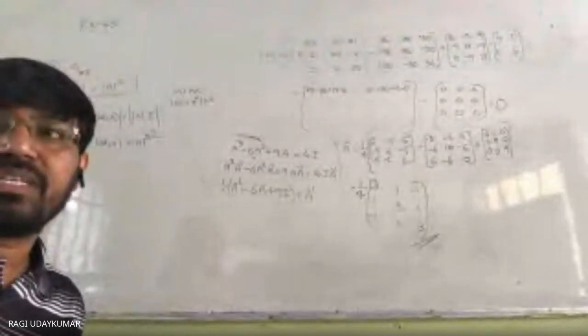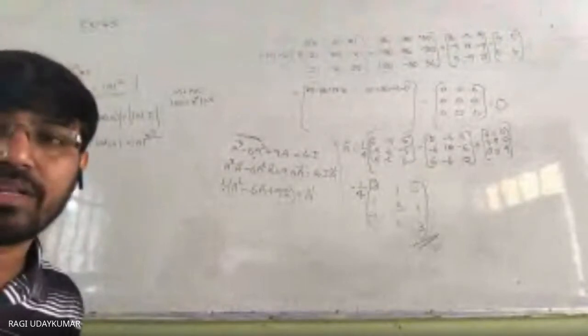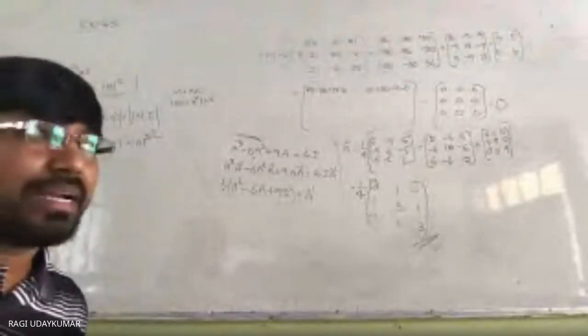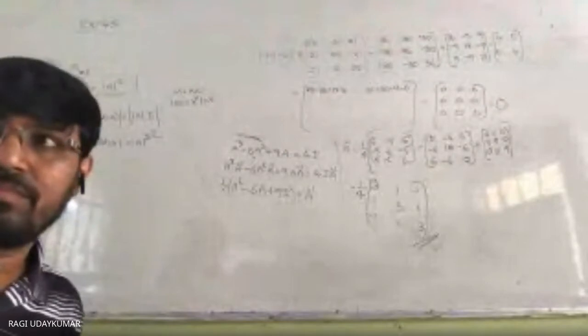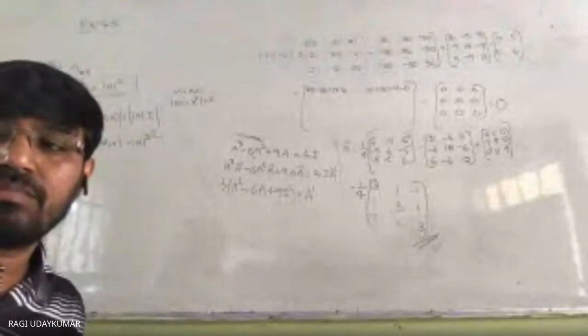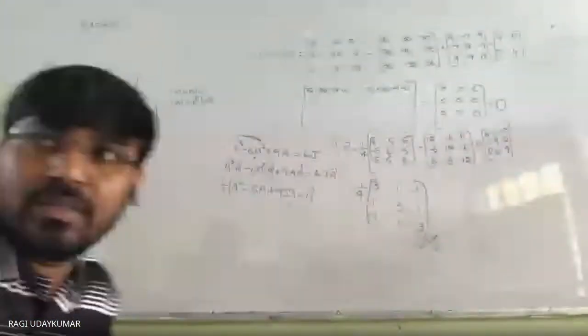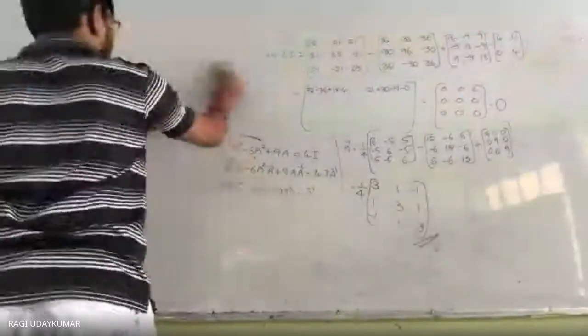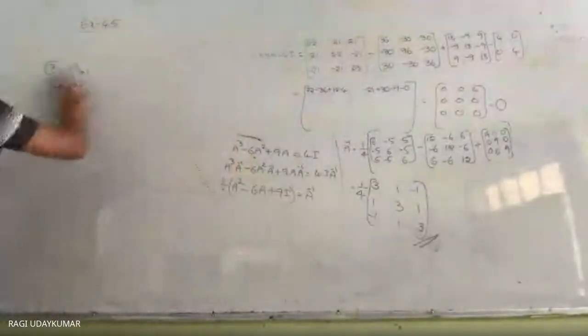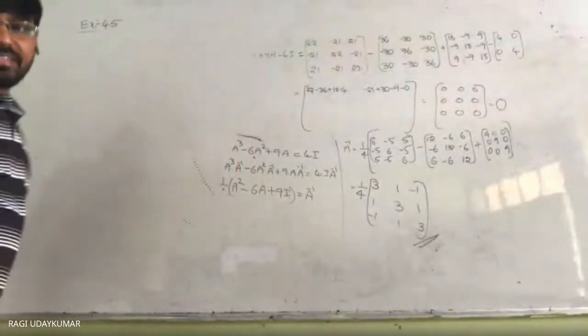The 18th question: you see, A is an invertible matrix of order 2. Then determinant of A inverse is equal to what? Can anyone say? It looks like a very simple question.